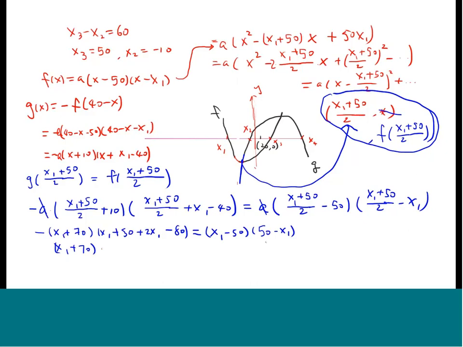So 3x1 minus 30 equals x1 minus 50 squared, right? Okay. Can you solve x1? I will be back in 1 minute. Okay, solve that x1.